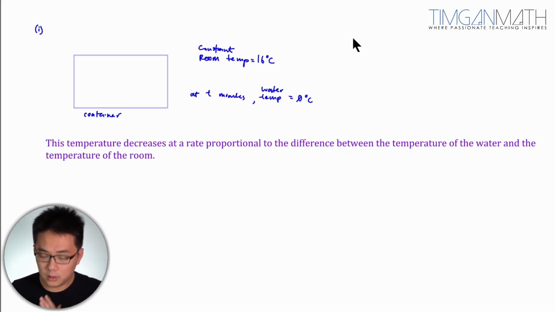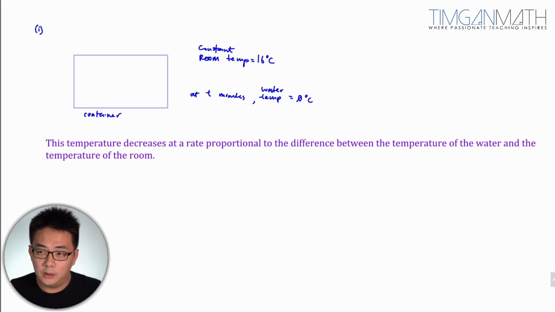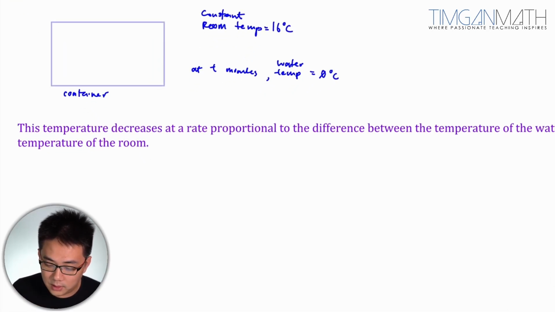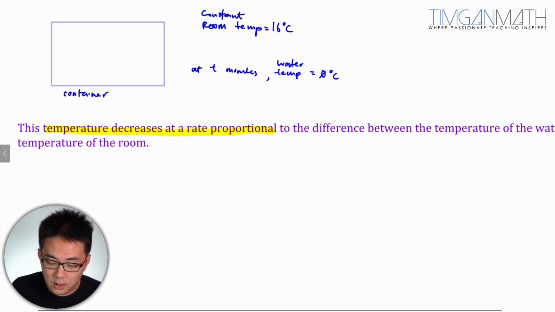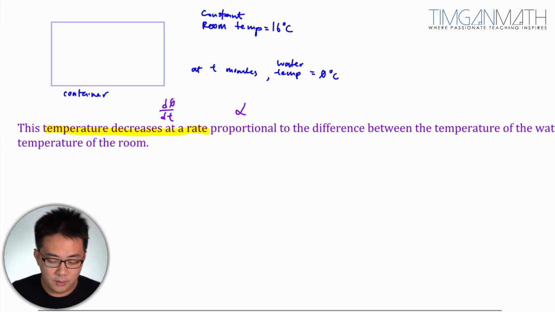So this sentence here would be the one which gives you the formula of the differential equation. The temperature decreases, so this temperature is decreasing, meaning to say this is d theta dt, right? Proportional, meaning it's a proportional sign.